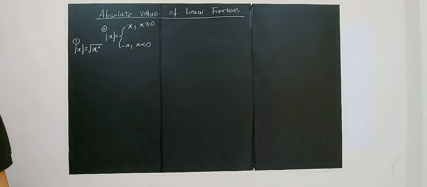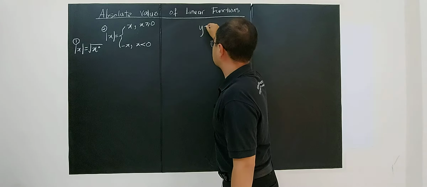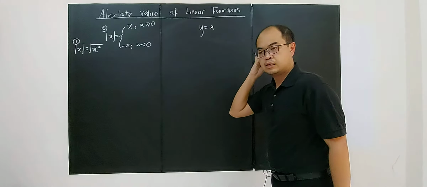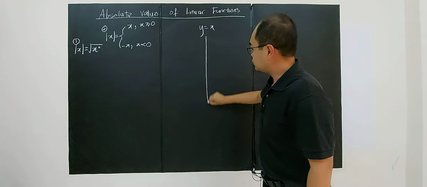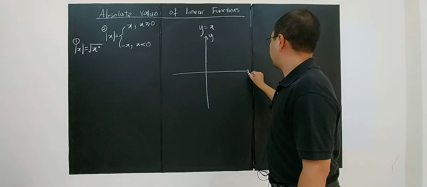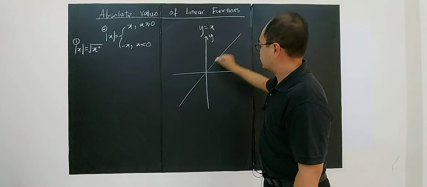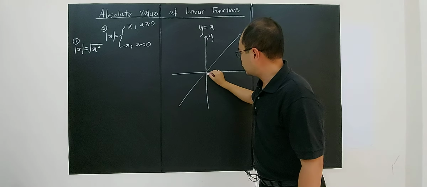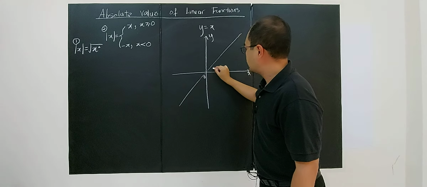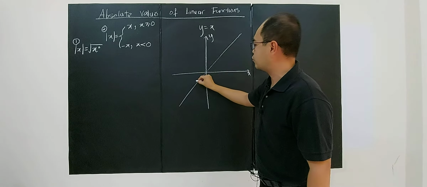So I introduced the graph. Let's say you have y equals to x, a linear function. As you know, the graph of y equals to x will always pass through 0, and the coordinates are 1, 1, 2, 2, 3, 3, 4, 4, negative 1, negative 1, right?